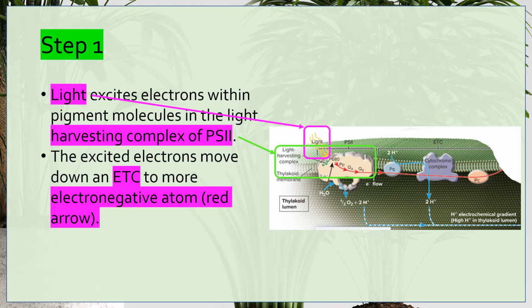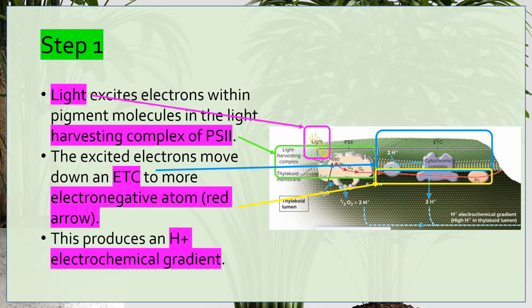The excited electrons move down an electron transport chain to a more electronegative atom, following the red arrow. This produces a hydrogen ion electrochemical gradient.